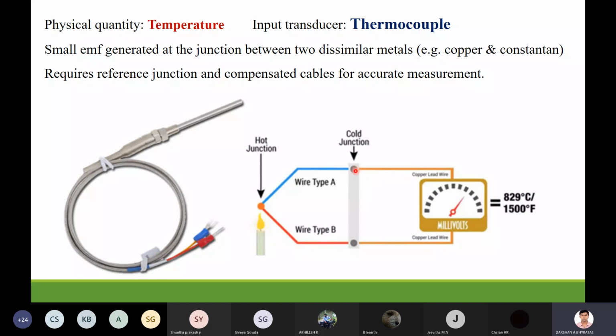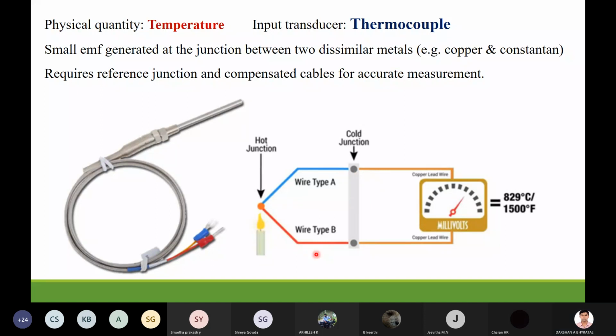Because this cold junction may be at 0 degrees Celsius or room temperature, a constant temperature, and it acts as a reference for whatever temperature is being measured.